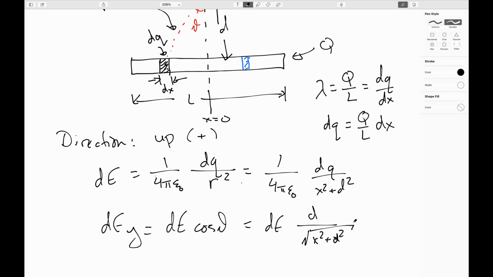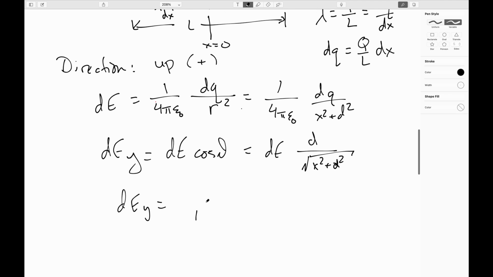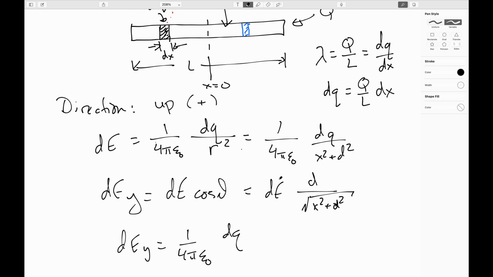All right, so if I put it all together, I get that dEy will be 1 over 4 pi epsilon naught dq times d over x squared plus d squared to the 3/2 power. All right.